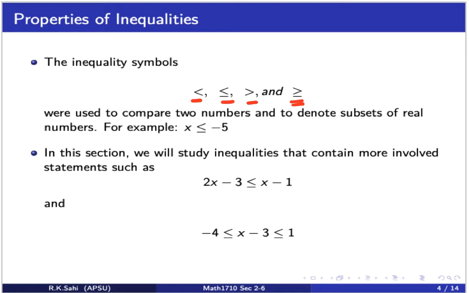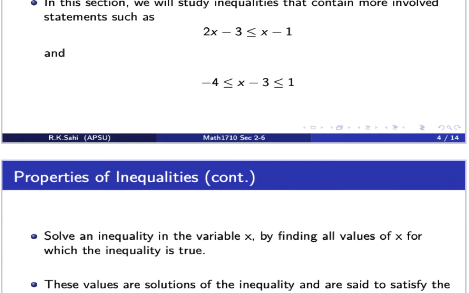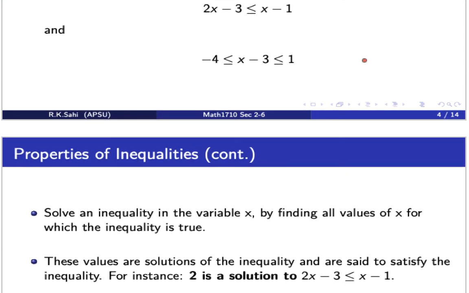So continuing on these properties, when I want to solve an inequality, I would like to solve for x. What this basically says is that we get the x on one side of the inequality and solve for that.